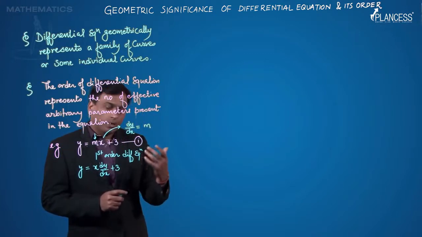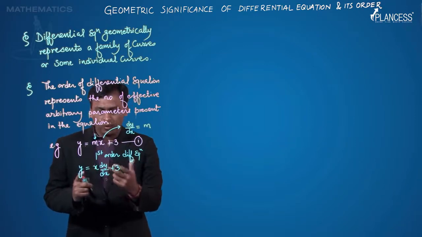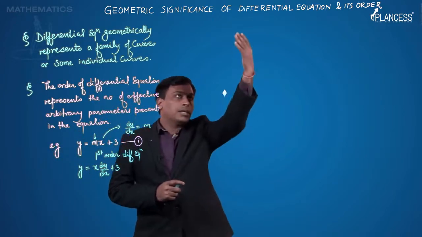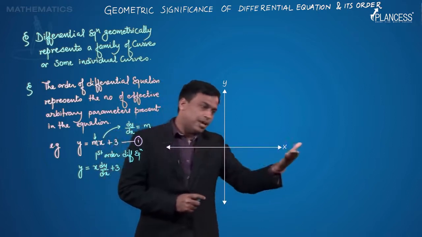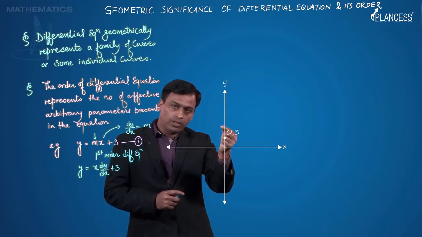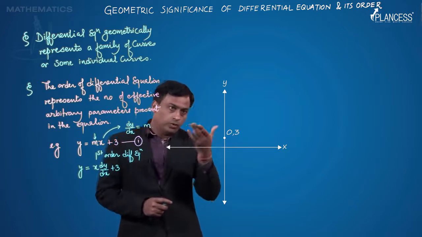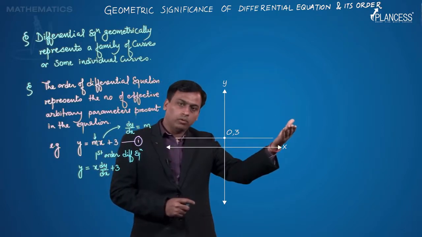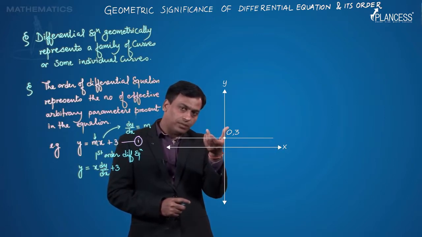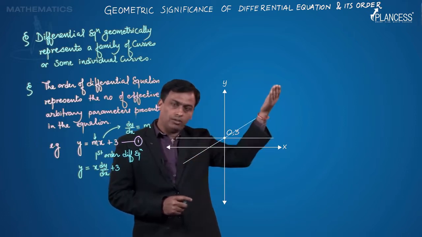Definitely, if you look at the solution represented by this differential equation, that is the family of straight lines, here is the y-axis and say this is the x-axis, and there is a point 0, 3 on the y-axis, and if the slope is 0, you get a horizontal line through the point 0, 3, and as we go on changing the slope of these lines, for m equal to 1 you get another straight line.